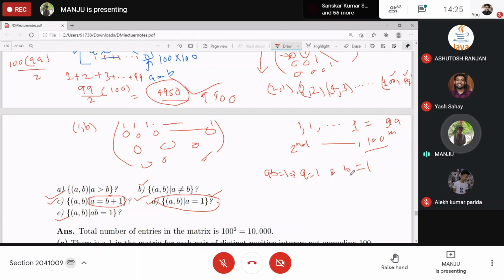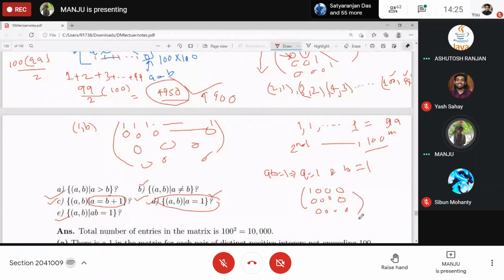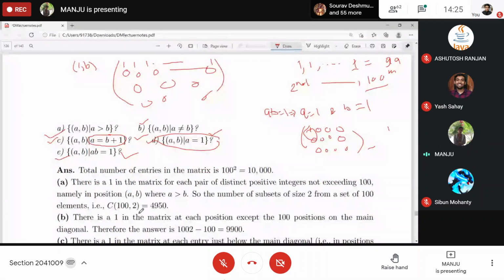So at 1 1 we have 1, otherwise 0. 100 by 100. So the number of non-zero entries is 1. What is the cardinality of this relation? 1. The cardinality of the set is 1, and it is 1 comma 1. Nothing else.